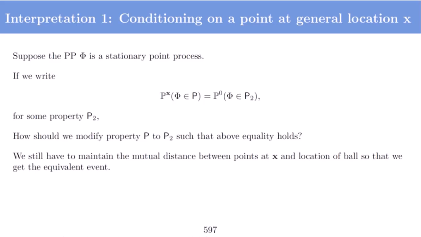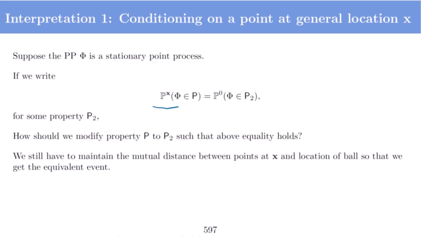Now let's take a special case where the point process is a stationary point process. Our goal is to create a relation between conditioning on x and conditioning on 0 at the origin.